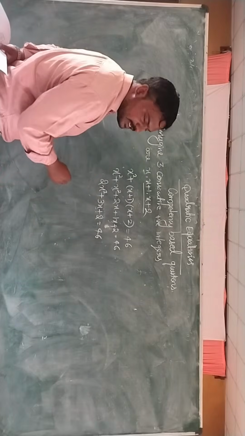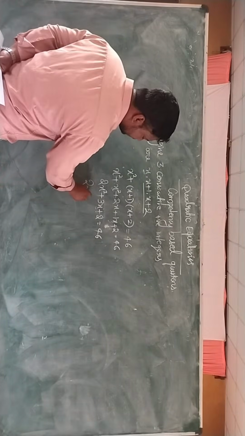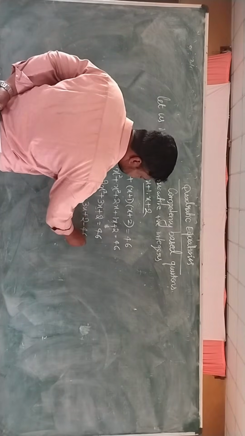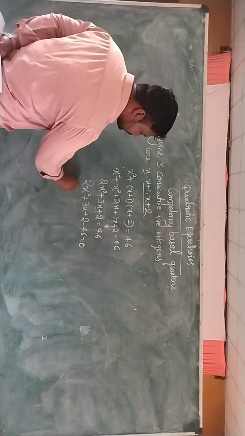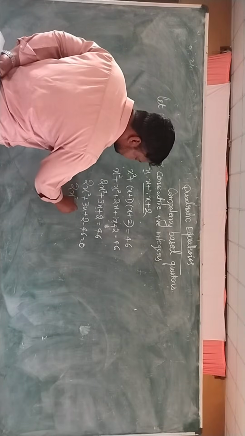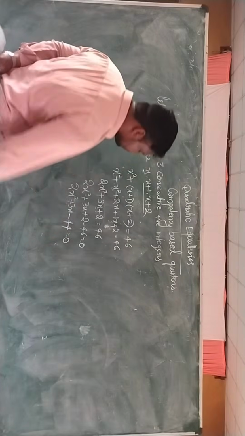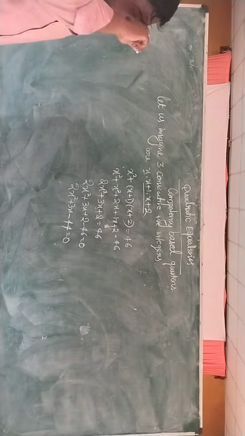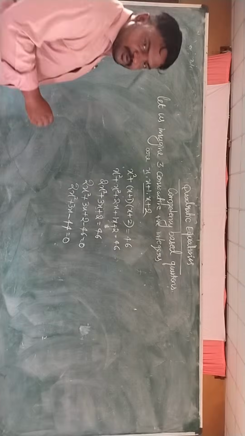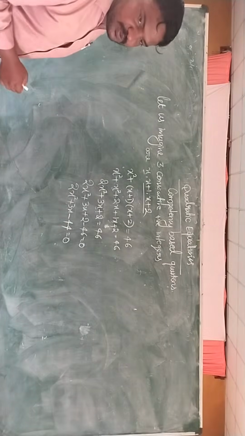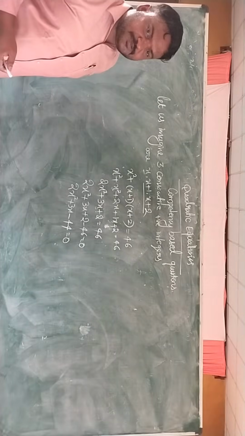This 46 you can take to the left hand side: 2x square plus 3x plus 2 minus 46 is equal to 0. So 2x square plus 3x minus 44 is equal to 0. This equation is in the form of ax square plus bx plus c is equal to 0, so a is 2, b is 3 and c is minus 44.